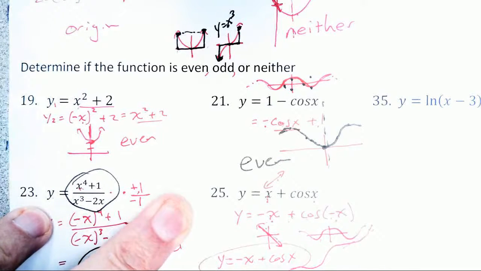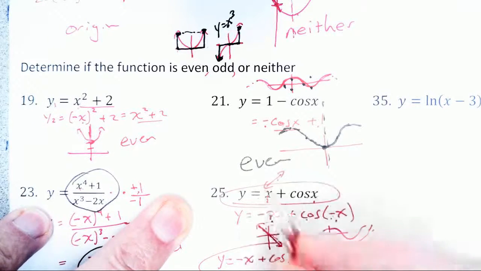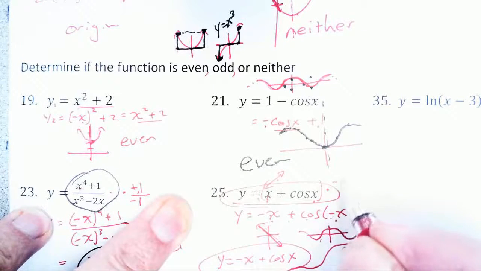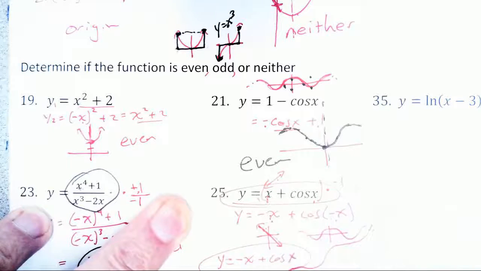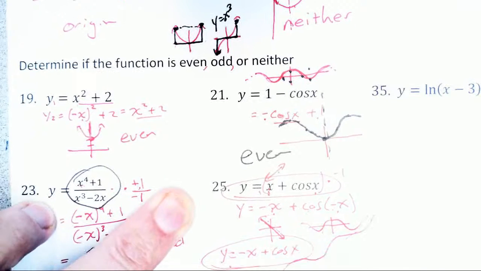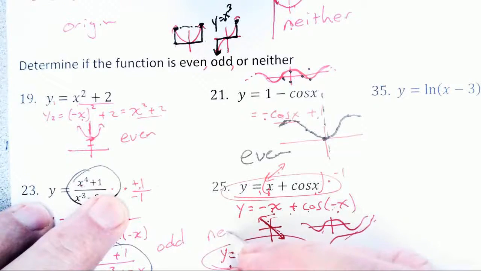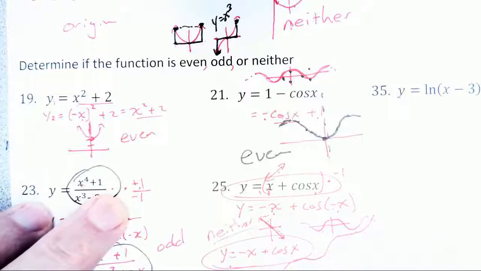Is this function the same as that? Of course not. Is this second function equal to the first function times negative 1? No, it's not. It would have to be negative x minus cosine of x. So this is a neither. A little bit of work involved there.